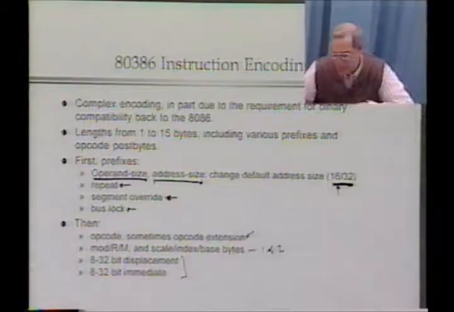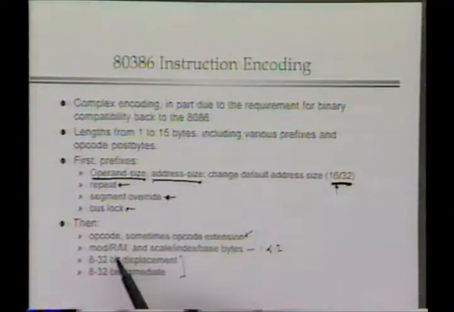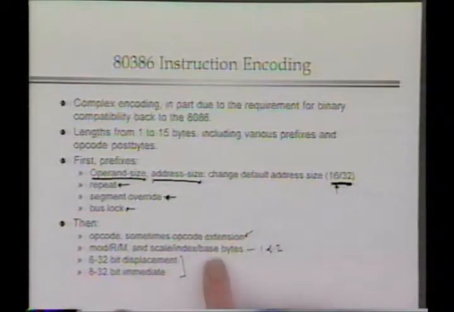Okay? Why would something like the operand size and address size have to be a prefix? I'm sorry, I can't hear you. Why would the operand size and address size have to be a prefix to the opcode? It wouldn't have to, and in fact, I guess you could redesign it so that that information was encoded in the addressing mode over here. It has to do with historical backward compatibility.